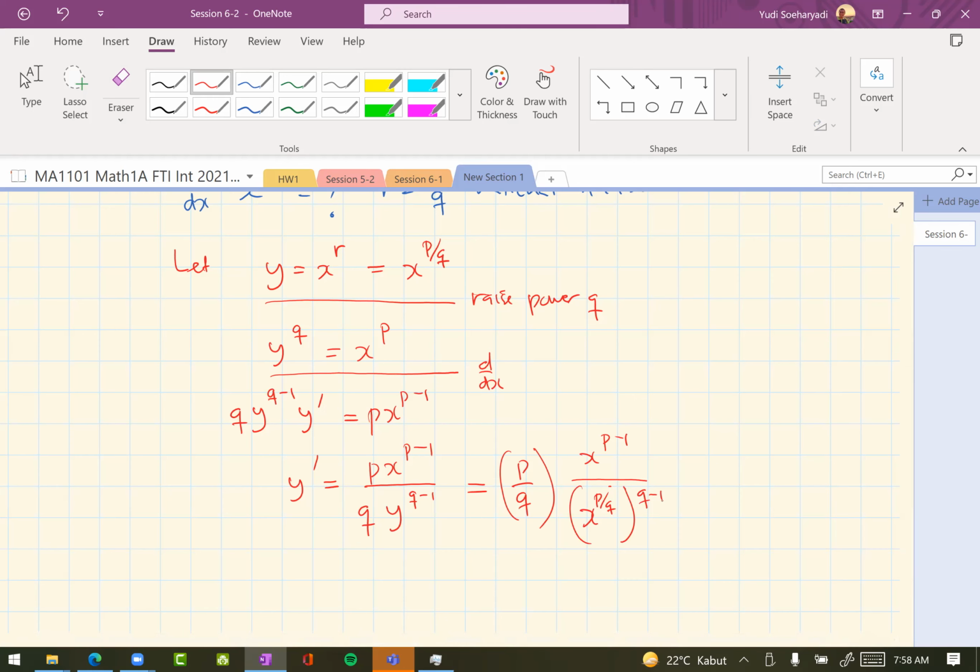So how do we compute this power here? x to the p over q power, again q minus 1, so x multiplied by this. Slightly complicated.